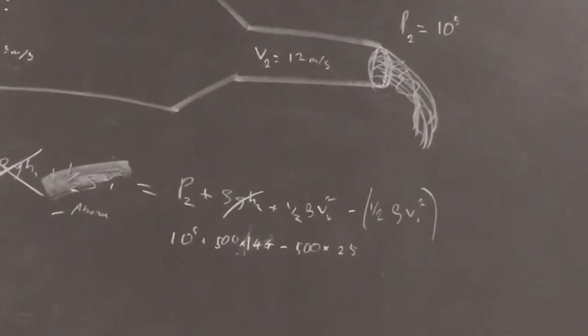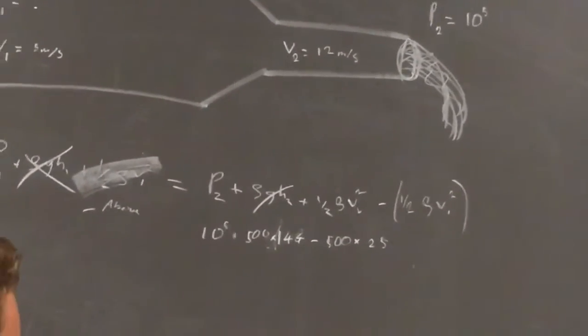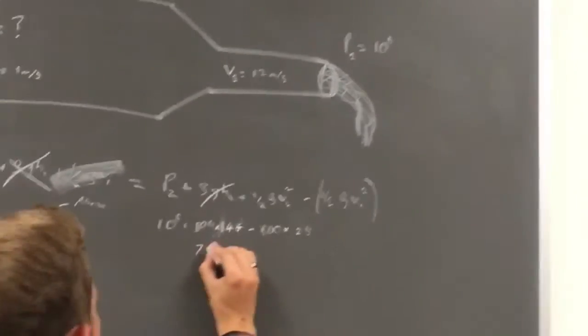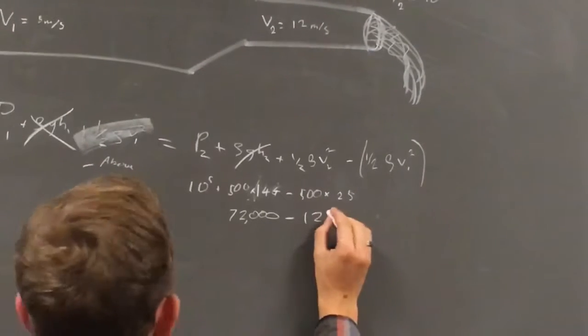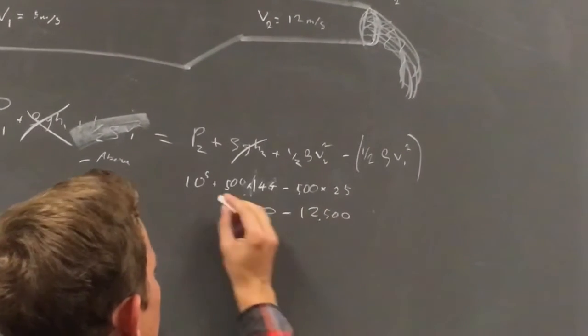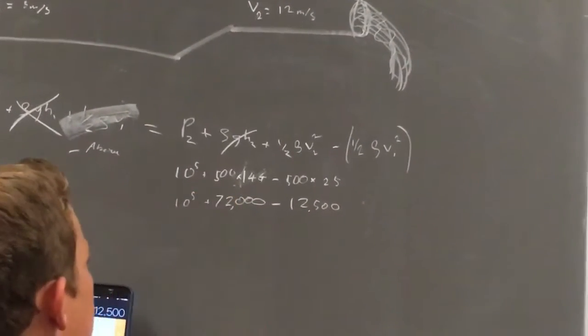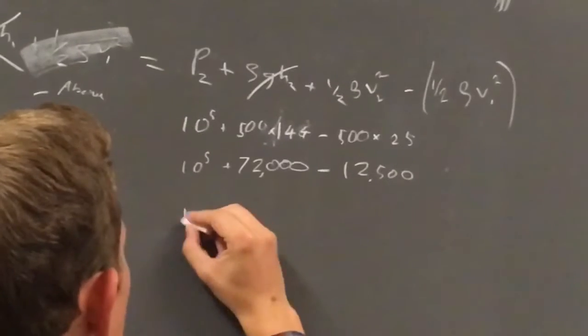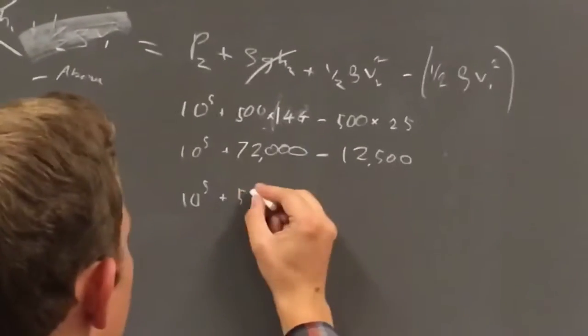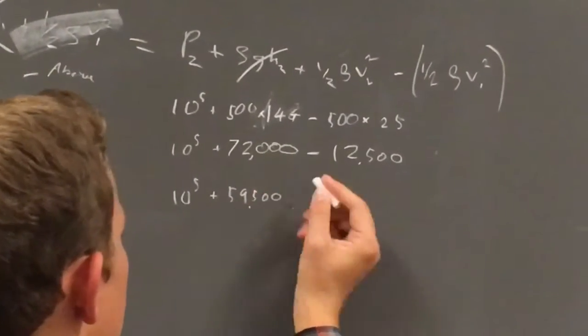144 times 500 equals 72,000, minus 500 times 25 equals 12,500, and 72,000 minus that gives 59,500. So now we have 10 to the 5th plus 59,500.